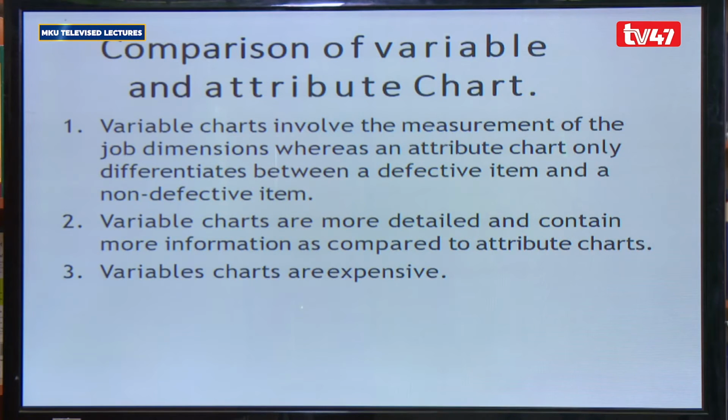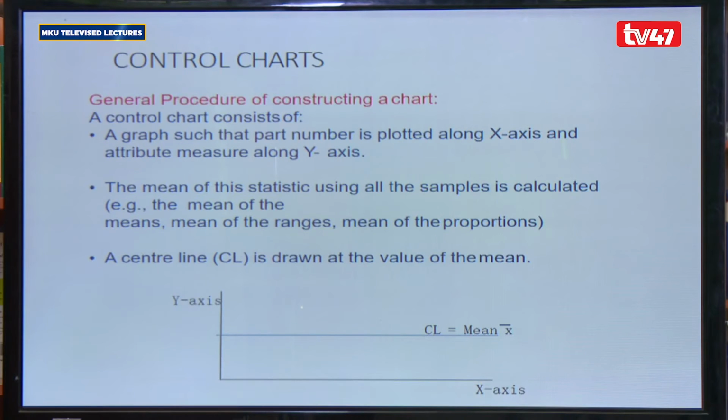Variable charts involve the measurement of the job dimensions, whereas an attribute chart only differentiates between defective items and non-defective items. This simply means that a variable chart will involve those measurable characteristics, whereas an attribute chart will involve non-countable characteristics, or those that cannot be measured due to some other factors. So a recap of what we had.